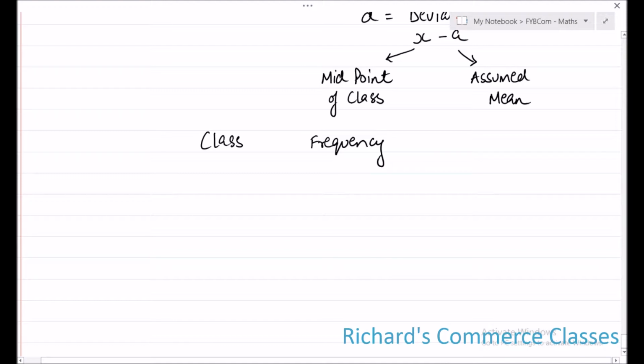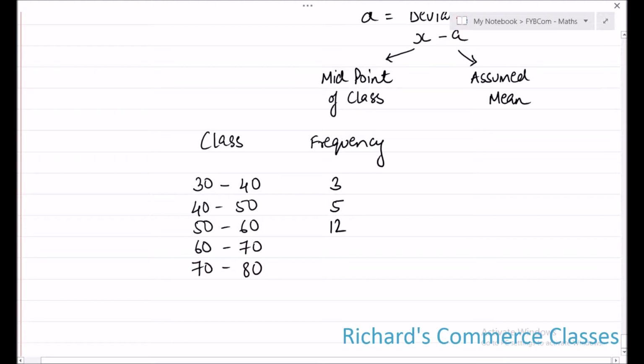The classes being 30 to 40, 40 to 50, 50 to 60, 60 to 70, and 70 to 80. The frequencies are 3, 5, 12, 20, and 10. Now we have the class.